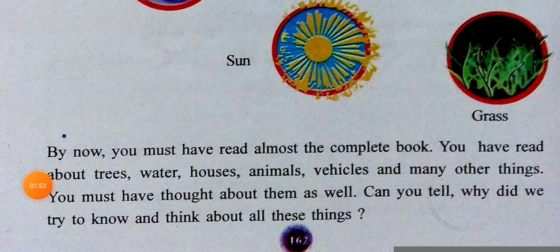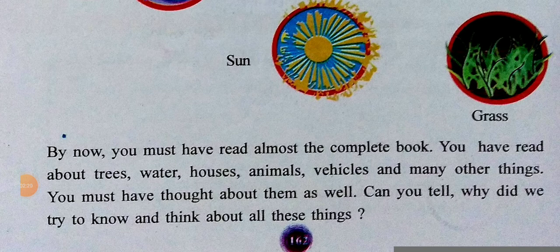By now, we must have read almost the complete book. You have read about trees, water, houses, animals, vehicles and many other things. You must have thought about them as well. Can you tell why we tried to know and think about all these things? Students, our life depends on all of these things.